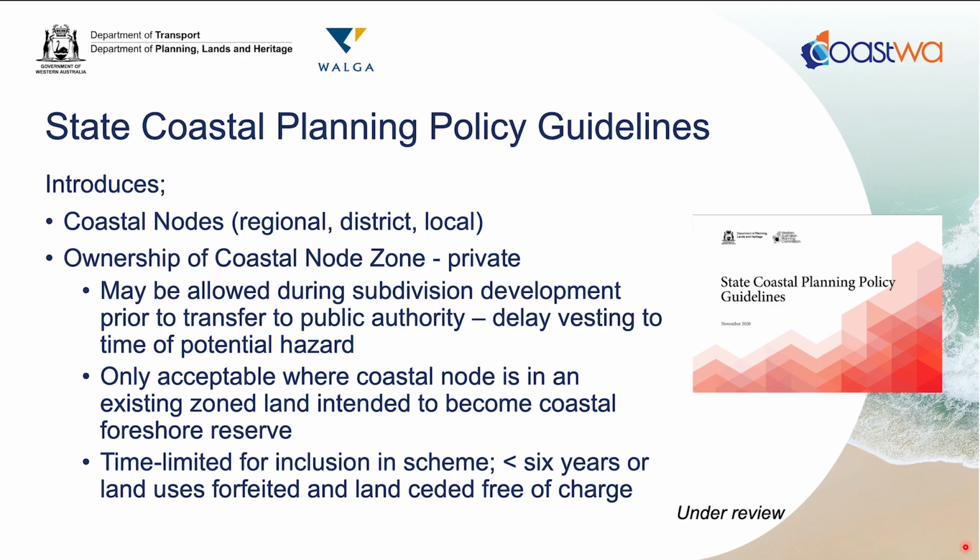And then it uses Yallingup foreshore as the local coastal node, a fairly simple foreshore node with a playground and some seating. So those scales of significance based on the kind of regional attraction that the node might have.